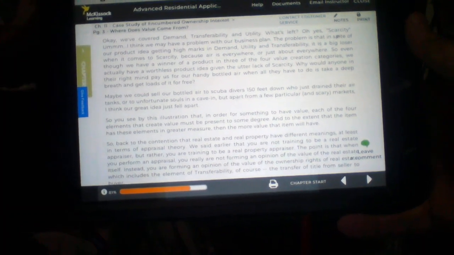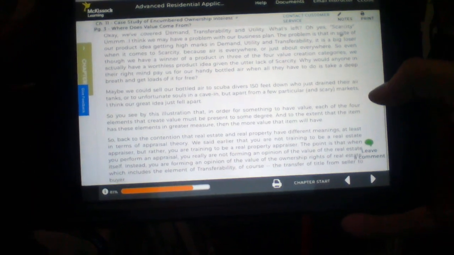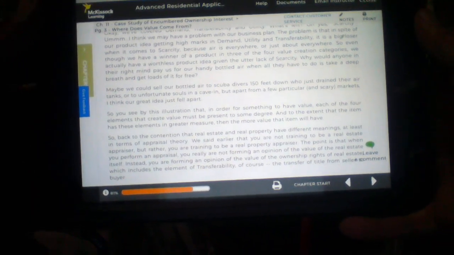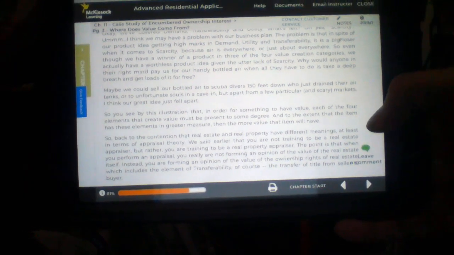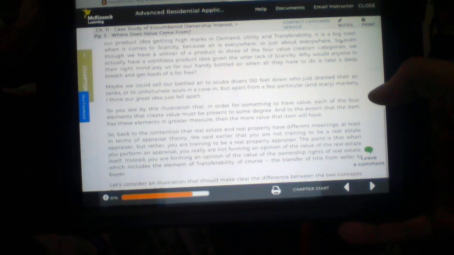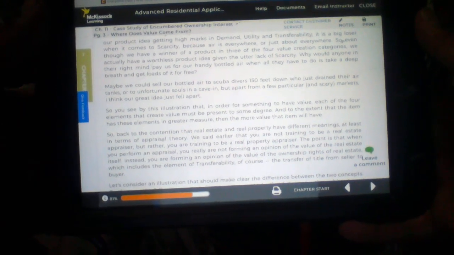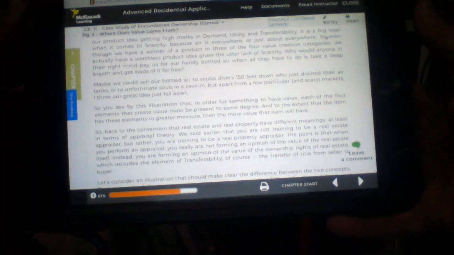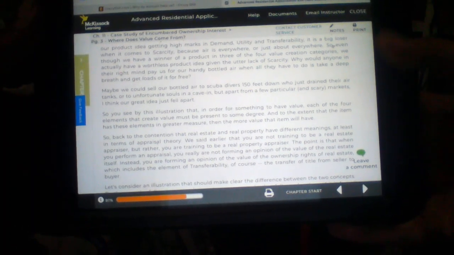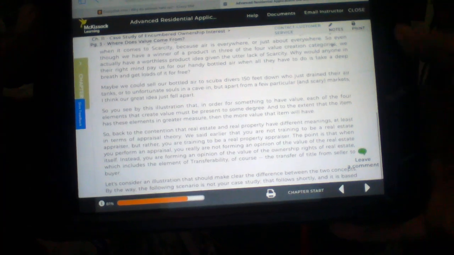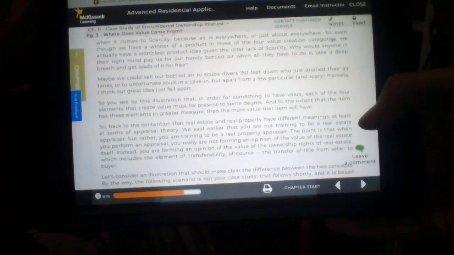What's left? Oh, yes. Scarcity. I think we may have a problem with our business plan. The problem is that in spite of our product idea getting high marks in demand, utility, and transferability, it is a big loser when it comes to scarcity because air is everywhere, or just about everywhere.